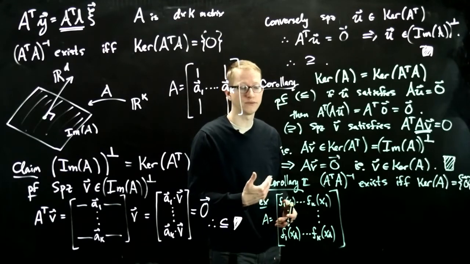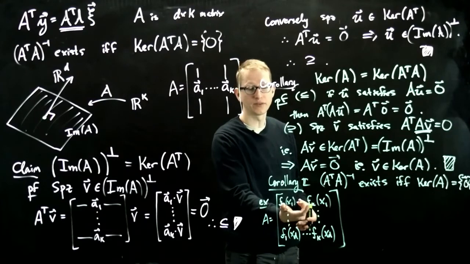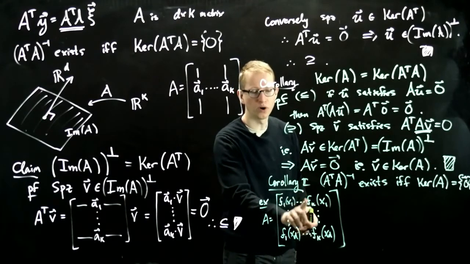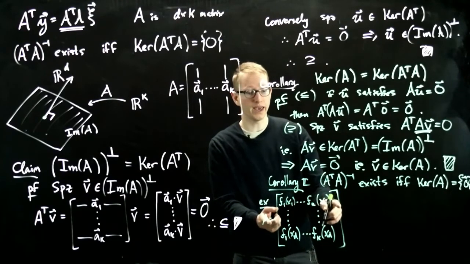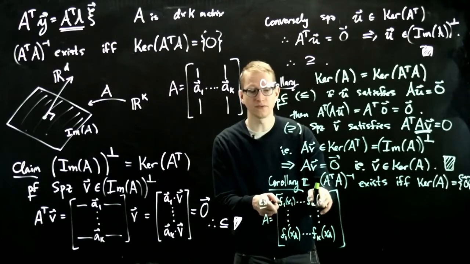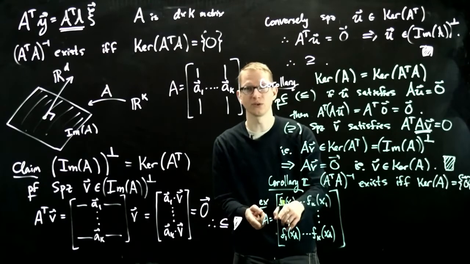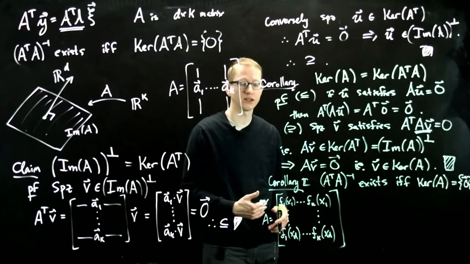In the last video we assumed that these functions were linearly independent. If they were dependent, what could happen? One of these column vectors could be expressed as a linear combination of the others. And therefore, these columns would be linearly dependent. And if these are dependent, then this has a non-trivial kernel.